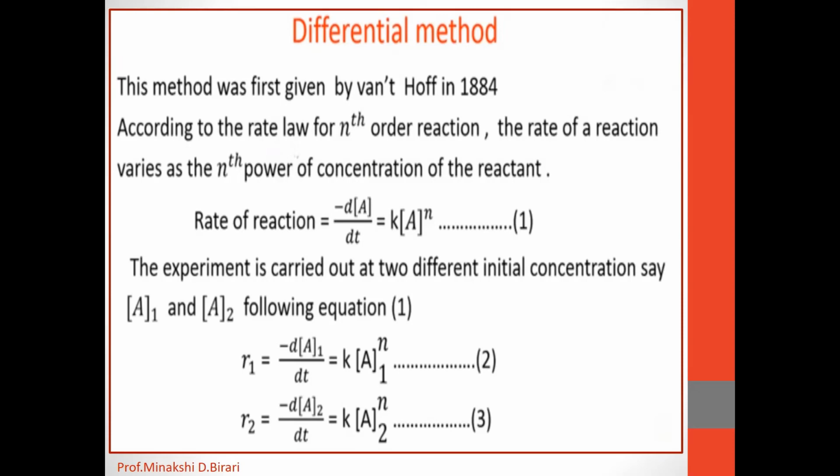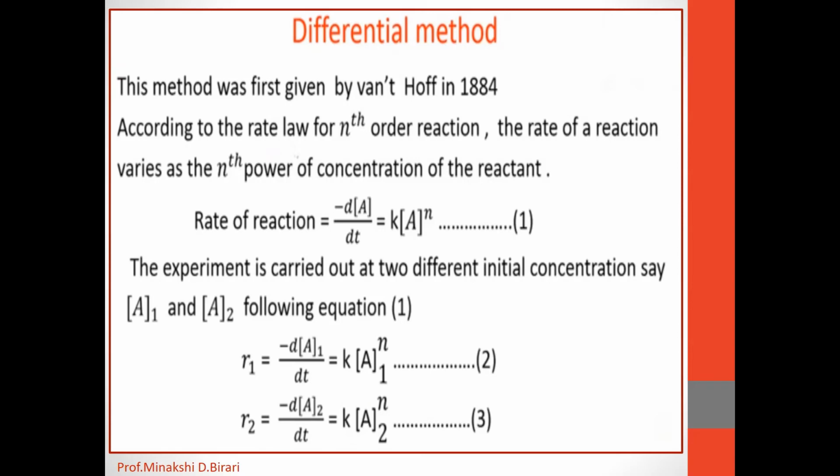So rate of reaction is equal to minus d concentration of reactant A divided by dt is equal to K into concentration of A raised to n.